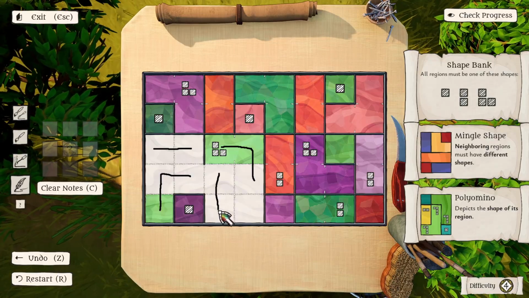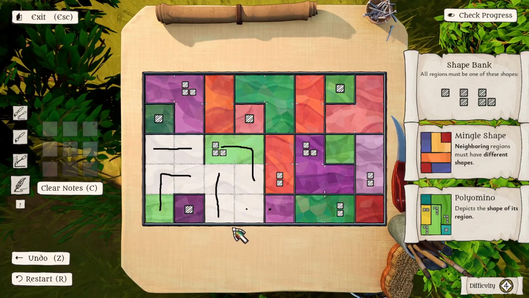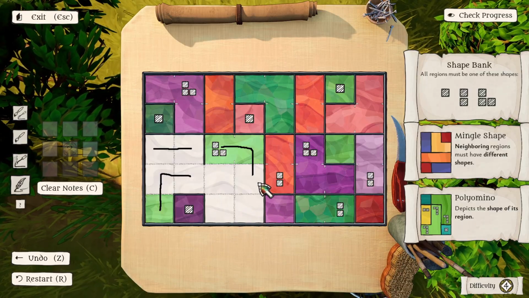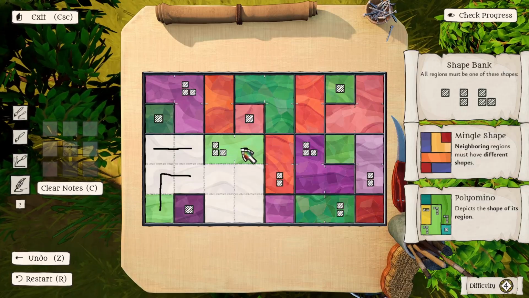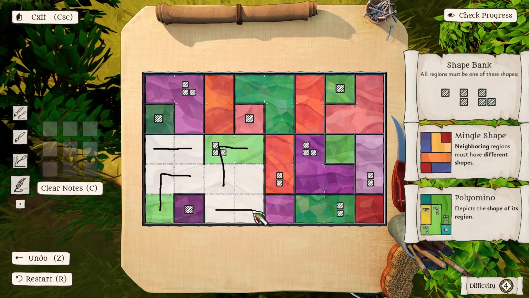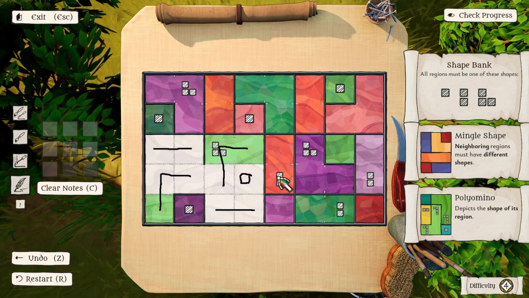Three, 2, that would be a 1 right here next to that one. Three, 2, and 1.